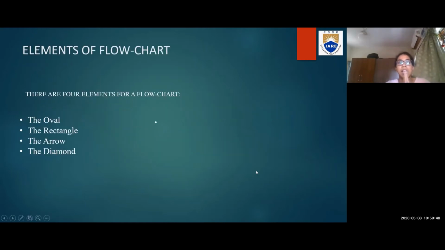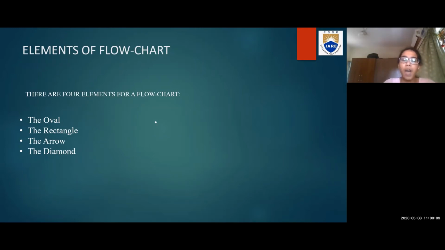Now, as I told you, I'll be speaking about those conventional symbols and how to write your information into those conventional symbols. I call them the elements of a flowchart. There are namely four elements for a flowchart. The most used ones are these.